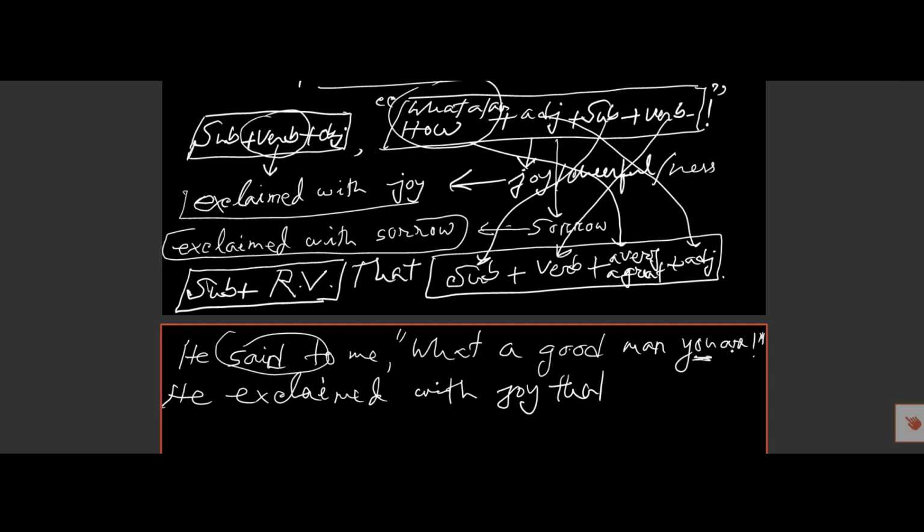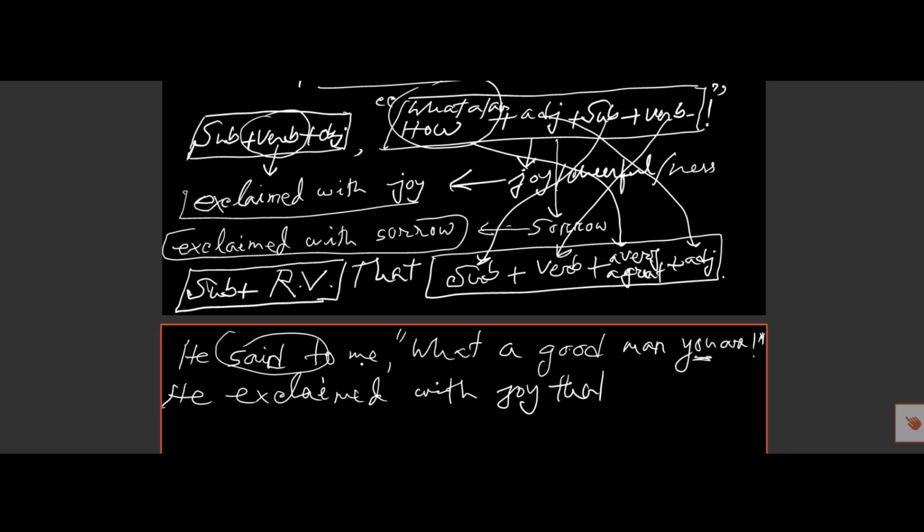This is the subject, and we will find the subject before the verb. Am, is, are: here the verb is "are," and the subject is before it. So "you" will be changed according to the person of the reporting verb.